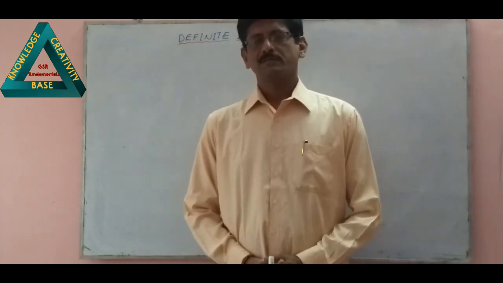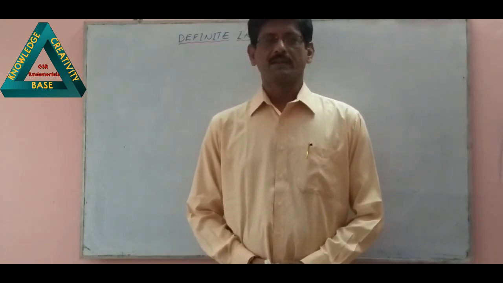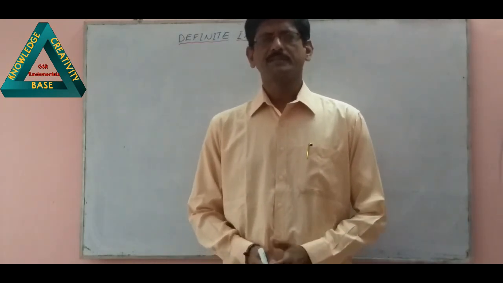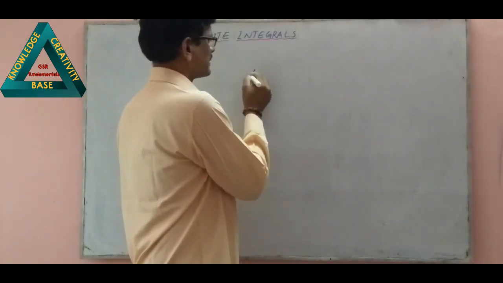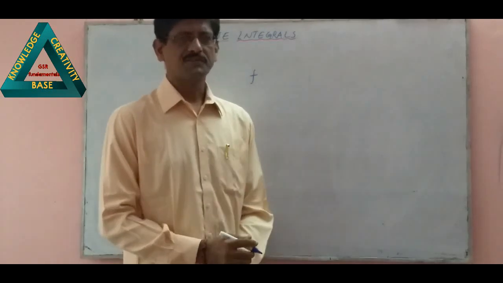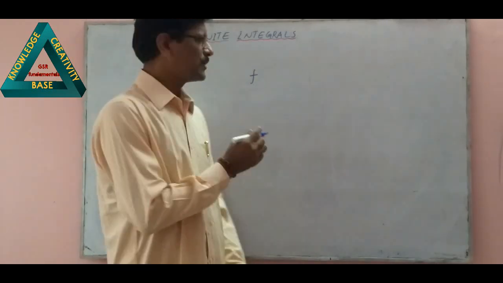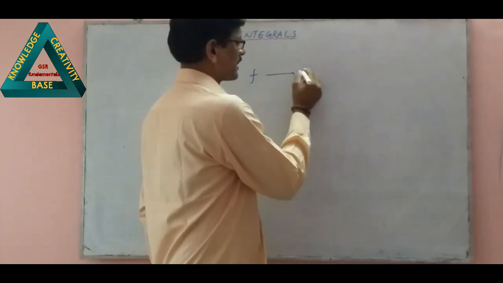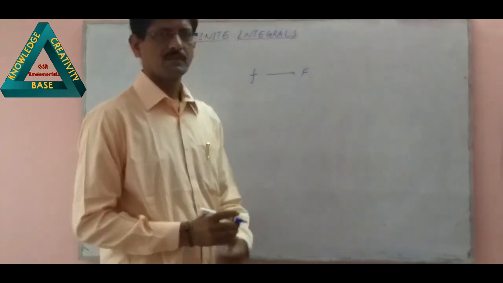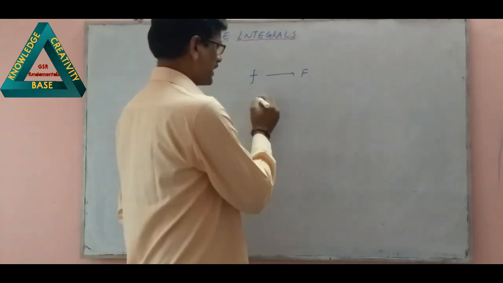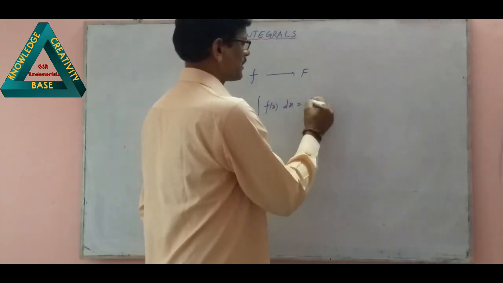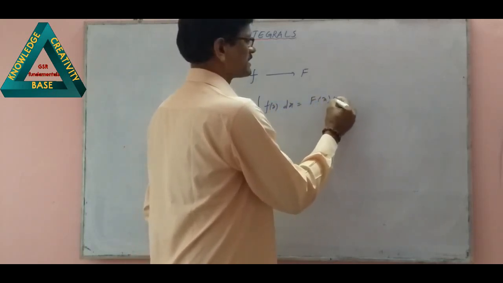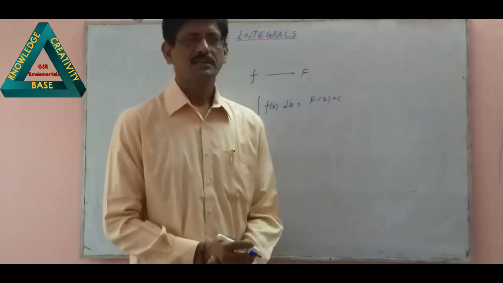First, what is meant by indefinite integral? Suppose f of x is any function. The antiderivative of this function is capital F. So integral of small f of x dx is equal to capital F of x plus c, and this is called integration.